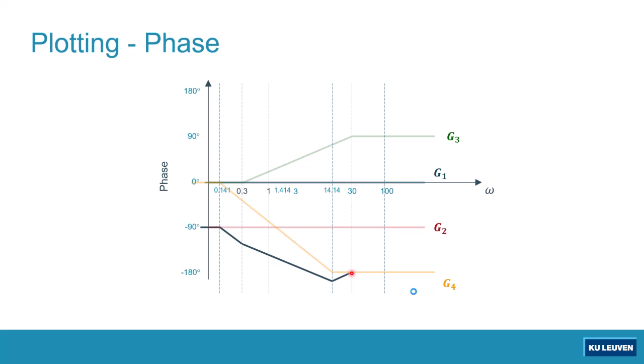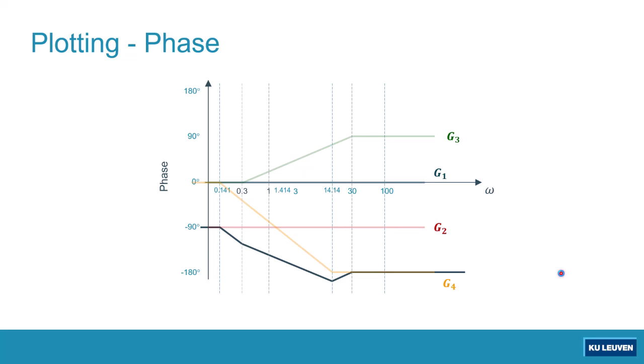And then beyond 1 decade above the second corner frequency, I will just simply have 0 slope from G1, 0 from G2, 0 slope from G3, as well as 0 slope from G4. So this will be the straight line sketching of the phase plot of the complex system, considering the 3 frequency region approach of phase plot sketching.